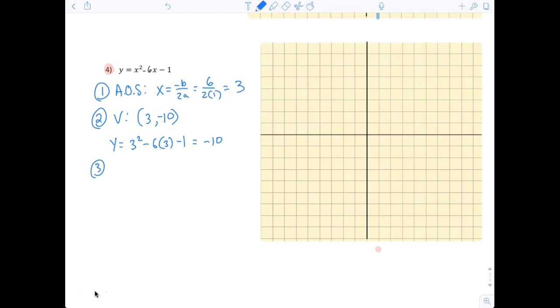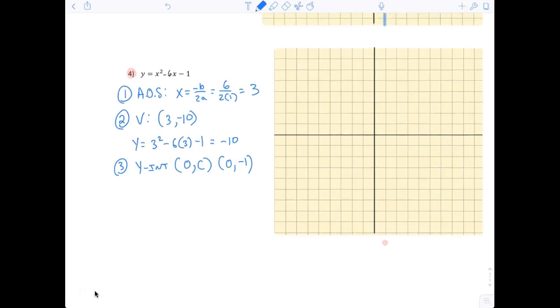And your y-intercept is what? Ben? 0, c, which in this case would be 0 comma negative 1. I just don't think that's that hard. The same steps, that's what you need to be doing. Everybody agree with that?